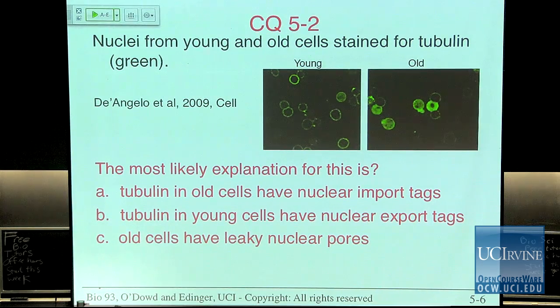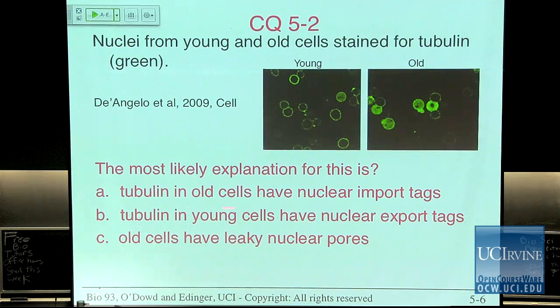What you would need is for the cell, as it ages, to start doing a new function, which is to add nuclear import signals to tubulin, which is less likely than losing the function that you had as a younger cell. So the most likely explanation is always that something breaks rather than you actually make something new. But that one is a logical answer.